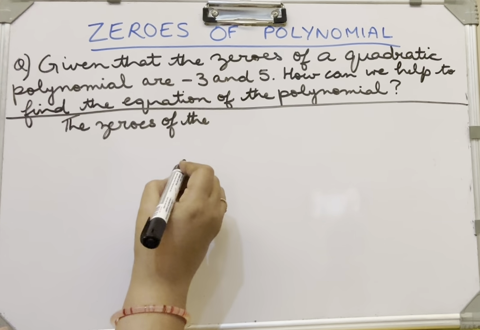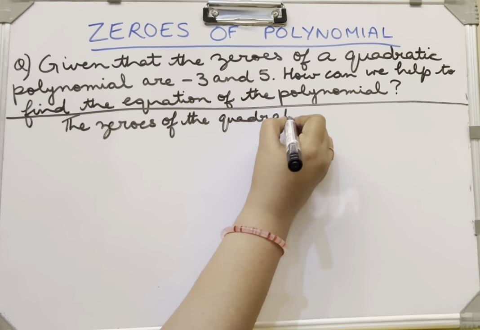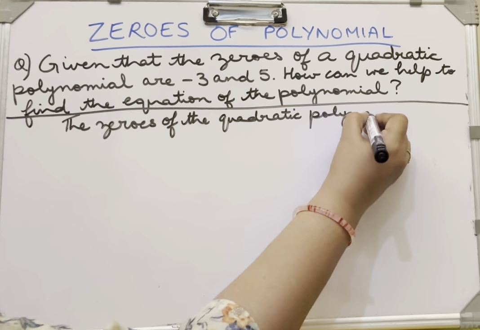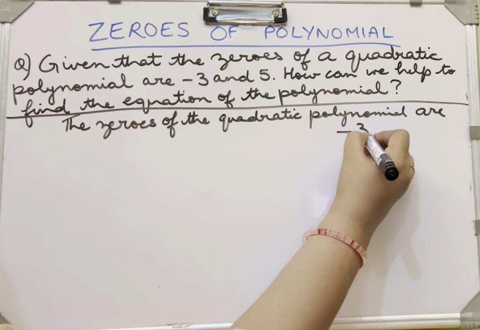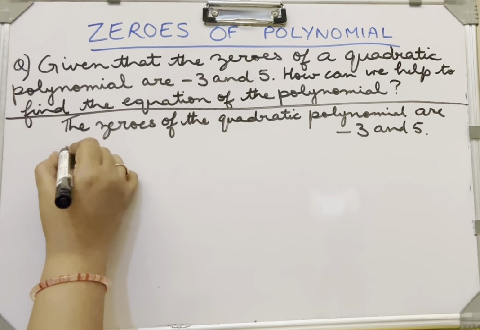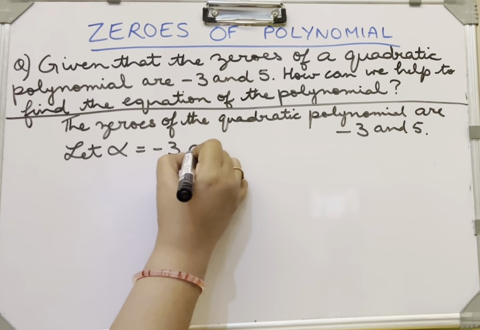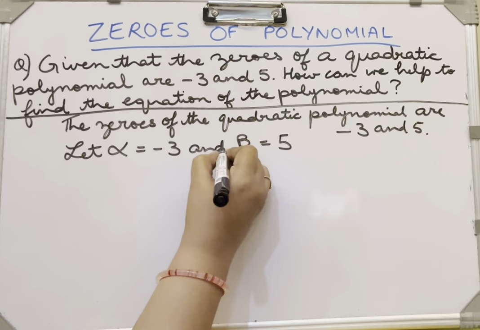So the zeros of the quadratic polynomial are -3 and 5. It's given. So we have, let alpha be equal to -3 and beta be equal to 5.